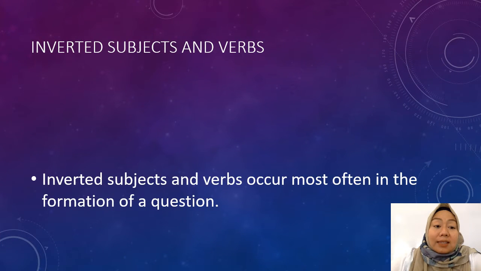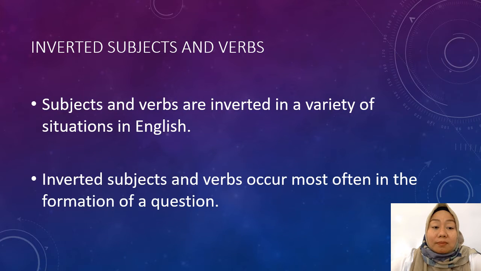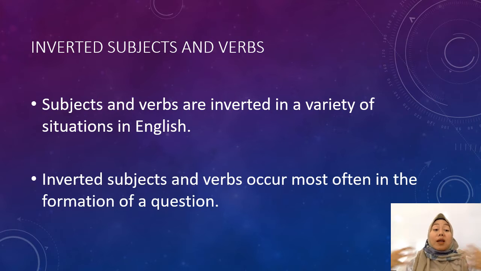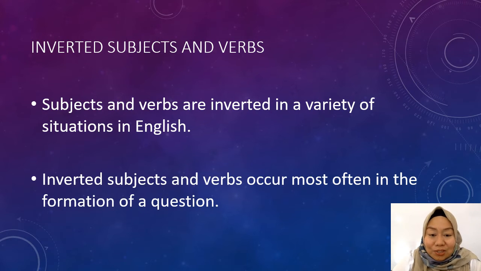Okay, first let's take a look at the inverted subjects and verbs. Subjects and verbs are inverted in a variety of situations in English. Inverted subjects and verbs occur most often in the formation of a question. If you form any question, then the subject and the verb are inverted.